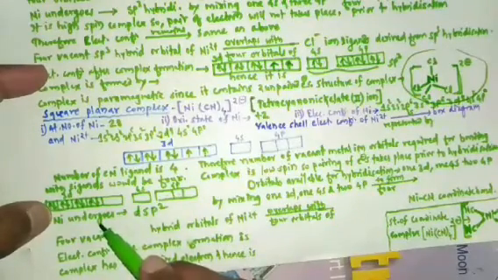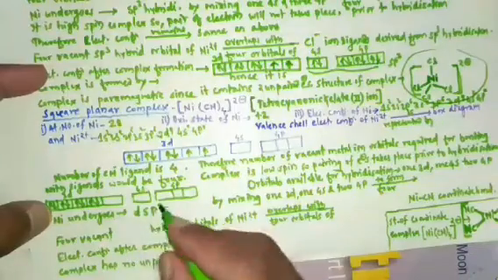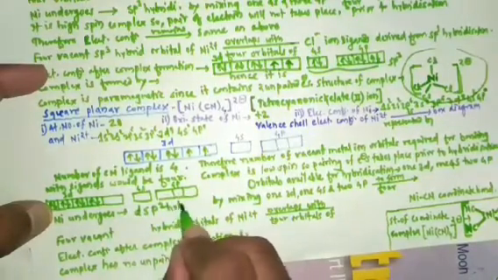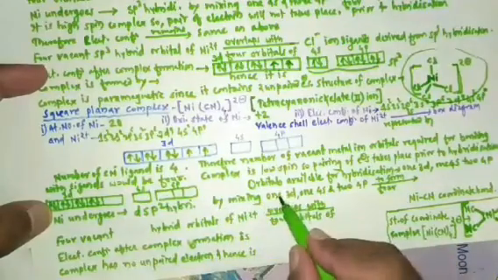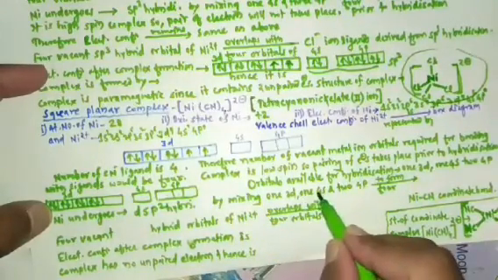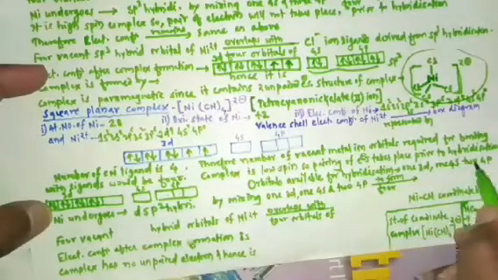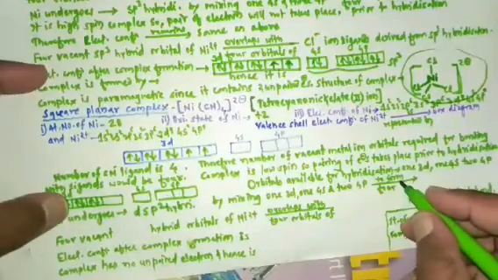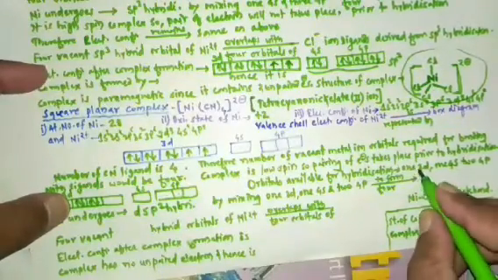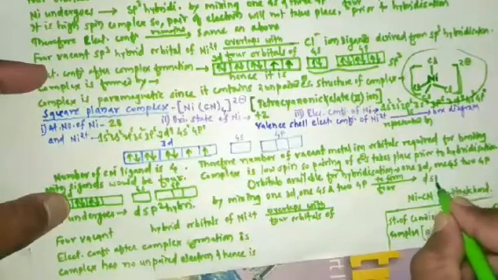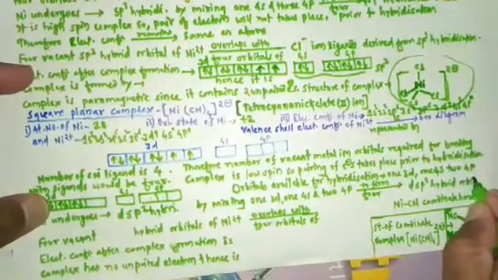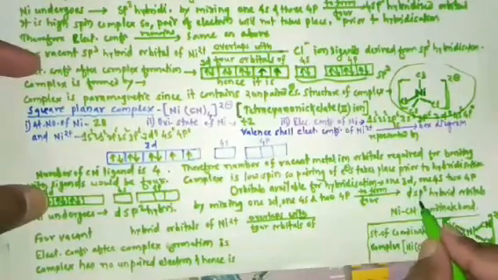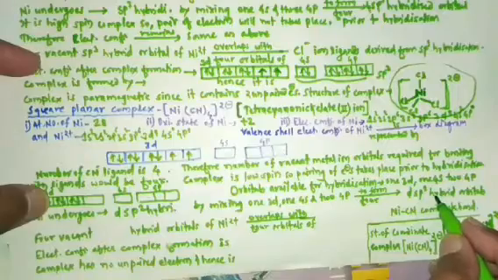Nickel undergoes dsp2 hybridization by mixing one 3d, one 4s and two 4p to form four dsp2 hybrid orbitals.